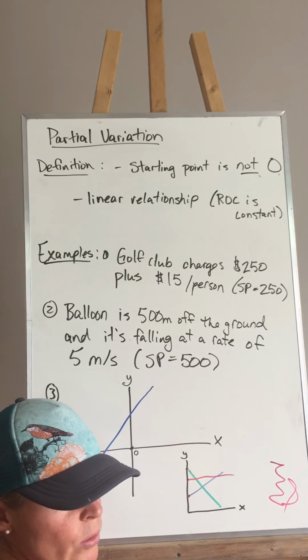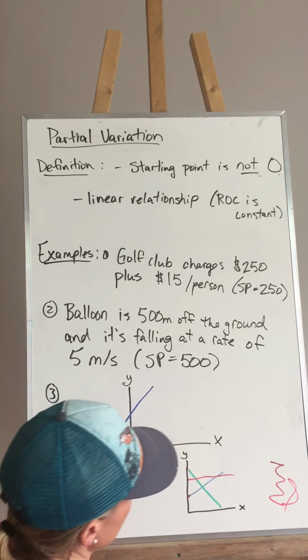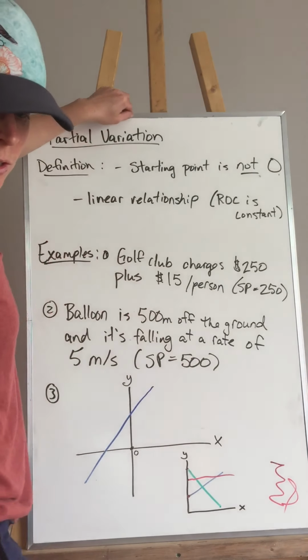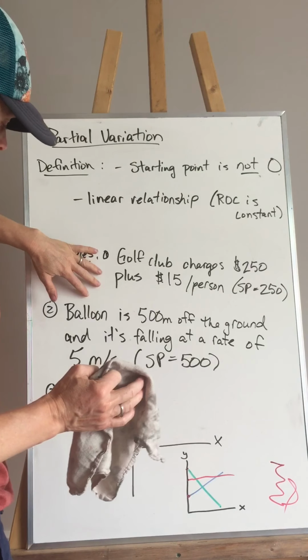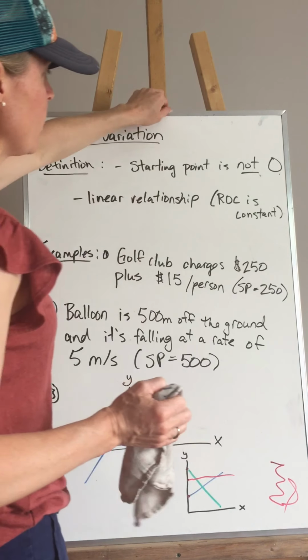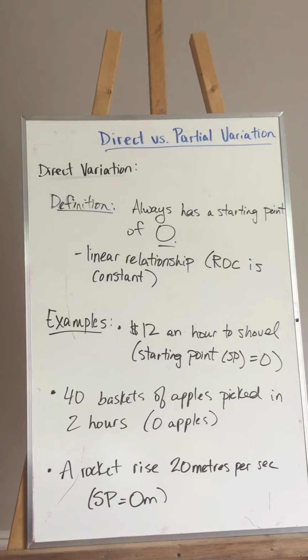Okay, so really today's lesson is just about distinguishing between partial and direct variation. We will use it a little bit more in the next lesson. So here's your word examples, here's your graph example. I'm just going to give you a table example of partial variation.